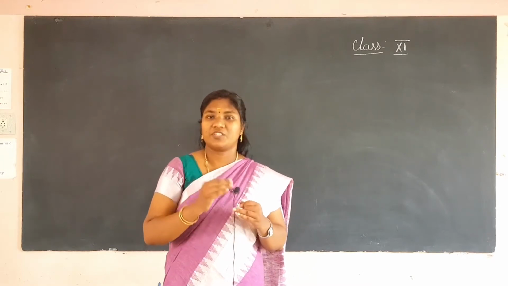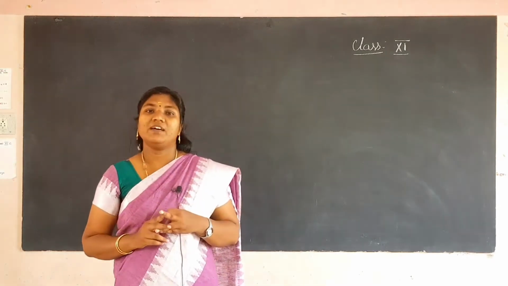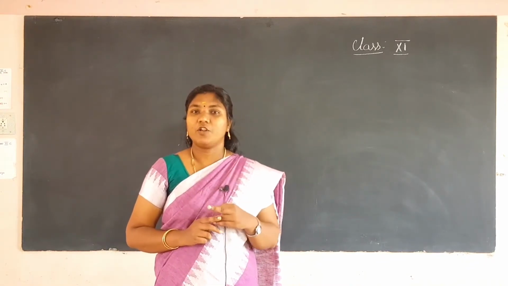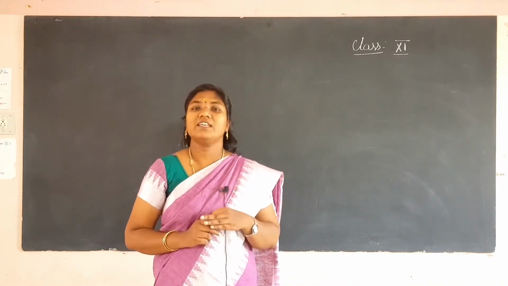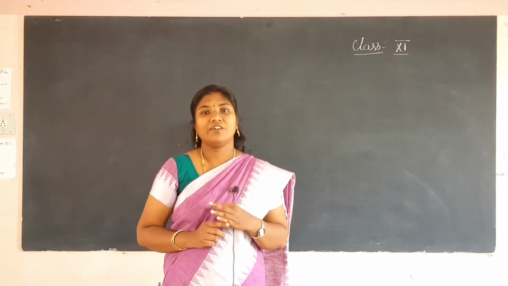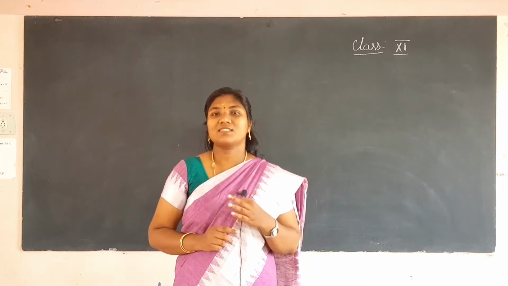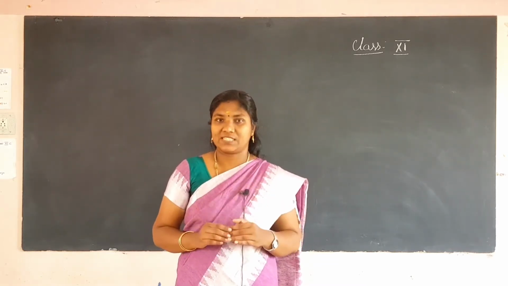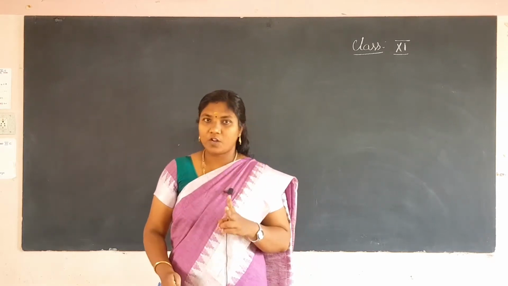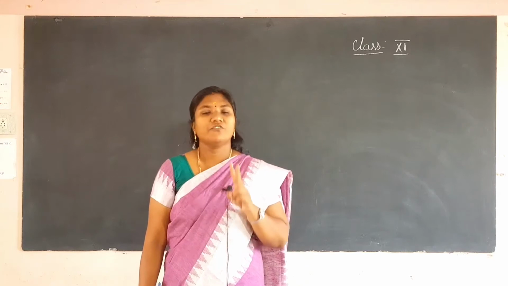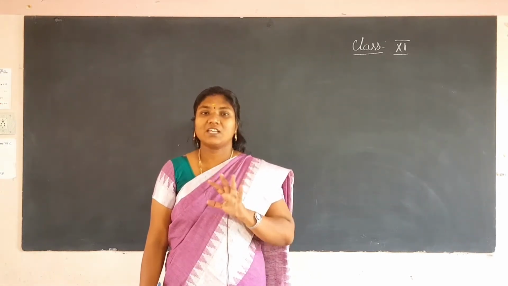In the second volume you will be learning the full language C++. So this is the content of your Computer Science in the 11th standard. The second volume is full of C++ language. The first volume is just an introduction and the common part.